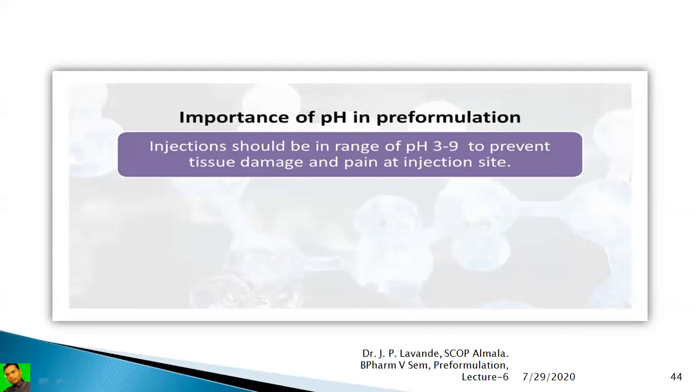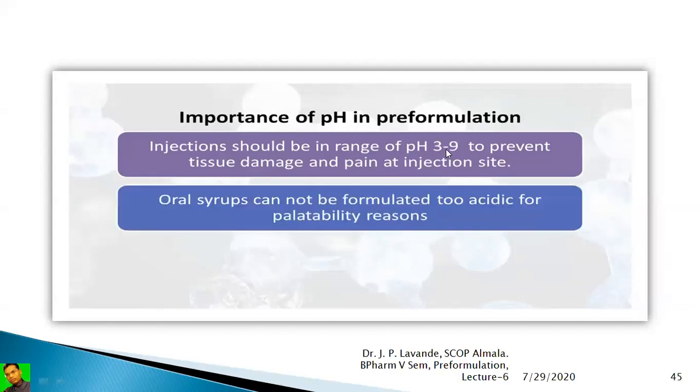If the pH is not maintained, that may lead to tissue damage or pain at the site of injection. So injections should be in the pH range of 3 to 9 to prevent tissue damage and pain at the injection site. So 3 is acidic, 9 is alkaline, and in between there is 7, which is neutral.